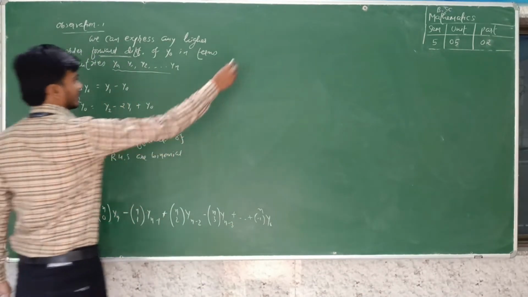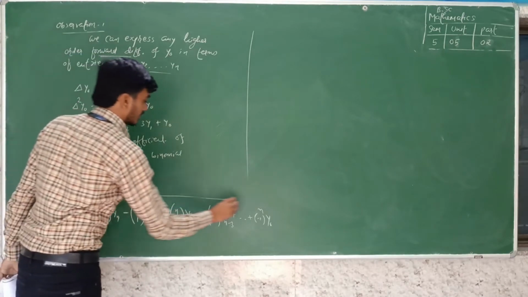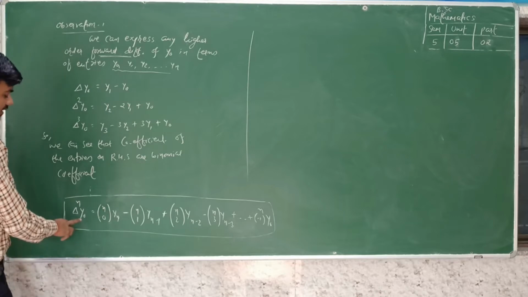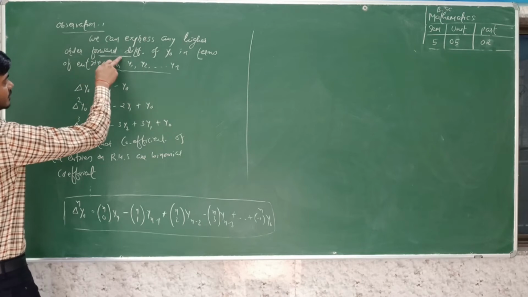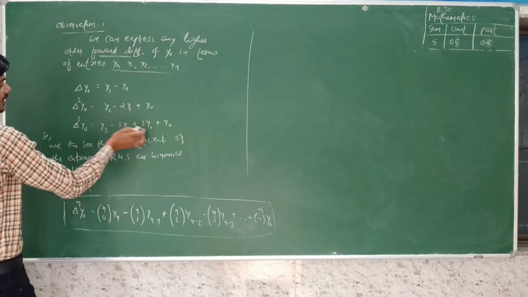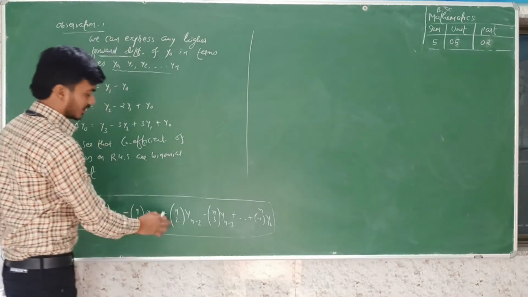So we can express this in this normal form. You can express any higher order forward difference of y0 in terms of y1, y2 up to yn by this equation.